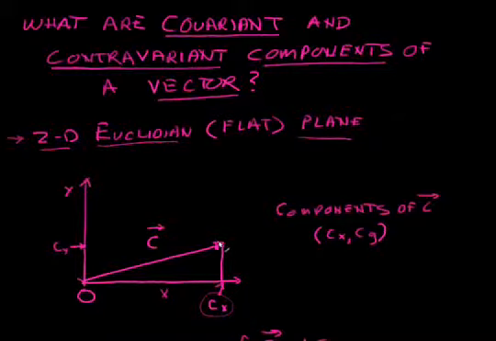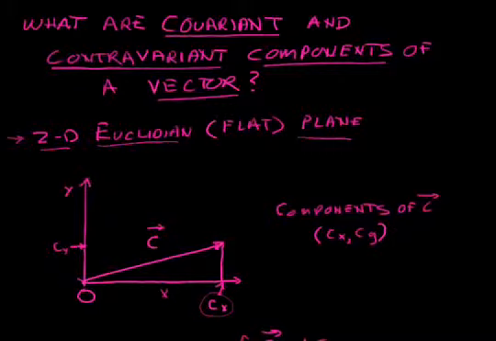Then drop a straight line parallel to the x-axis over here until it hits the y-axis, and this value of y is cy, the y component of the vector. So you can describe this particular point as an ordered pair of numbers, cx and cy. These are the Cartesian components of c.